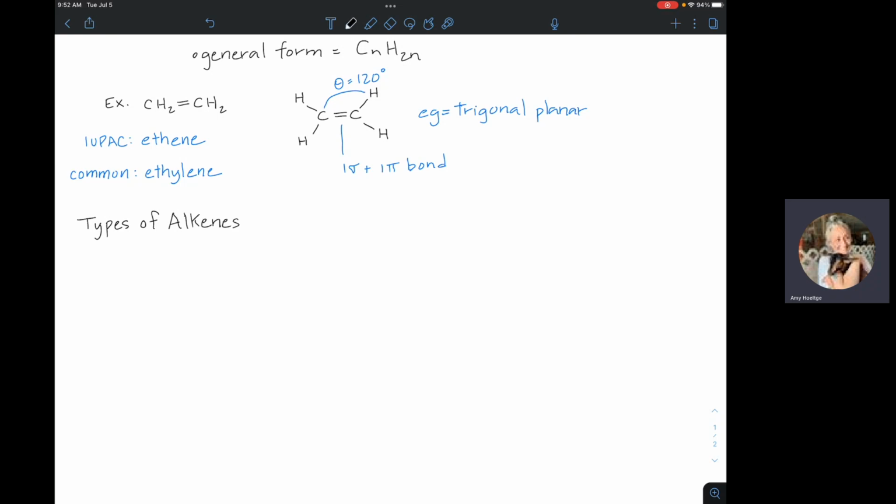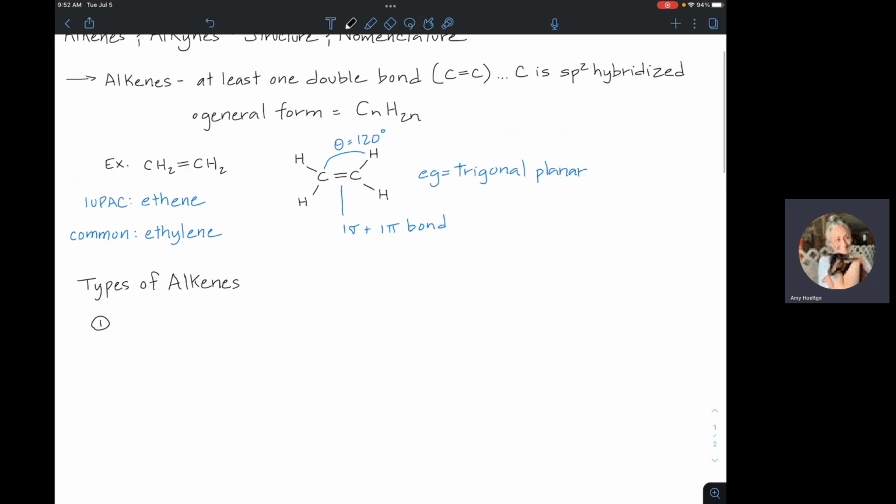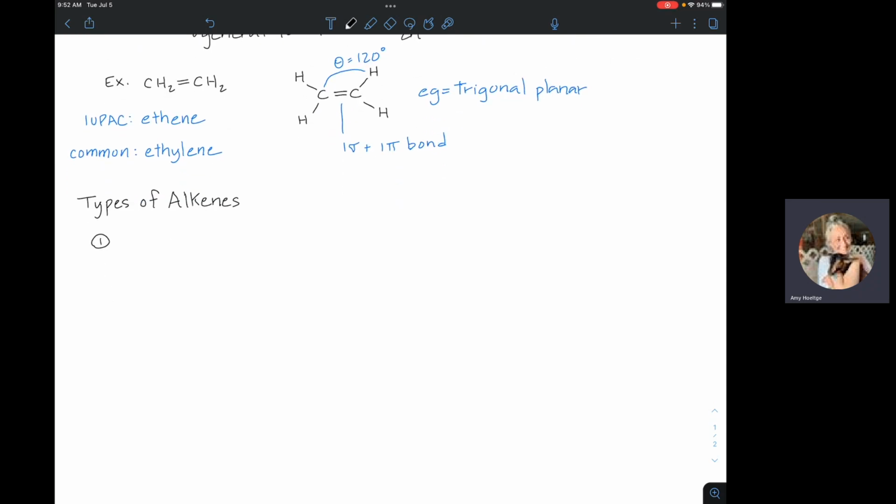The different types of alkenes. So we have them in classes because we say that for a molecule that has at least one double bond, you have an alkene, but you can have more than one double bond, right? So in some instances, you'll have a molecule where you have a couple, but they're isolated. And so an isolated alkene will be something like this, right?